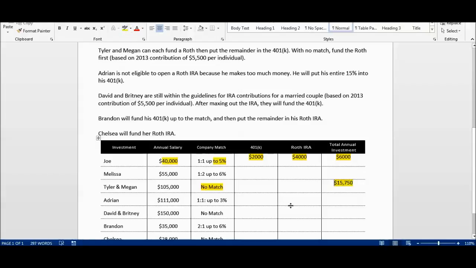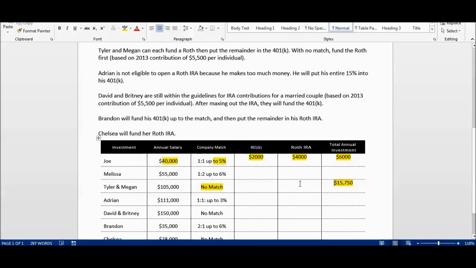Okay, now we know we're going to start with the Roth IRA. And based on the 2013 contribution of $5,500 per individual, we're going to figure out what the contribution is going to be for the Roth IRA. Since there's two of them, they can each contribute $5,500.